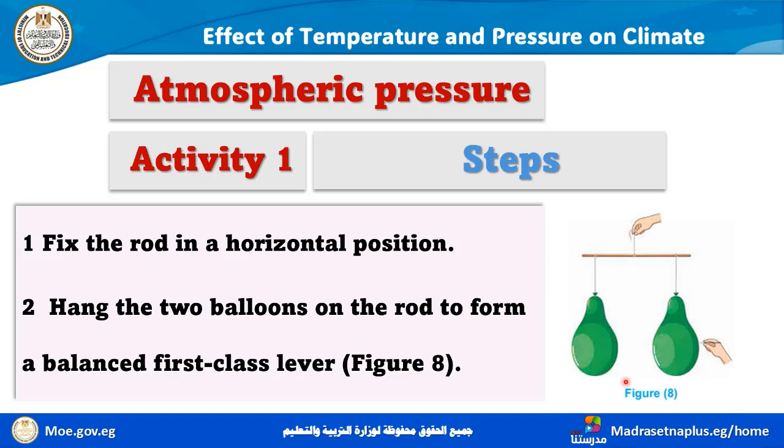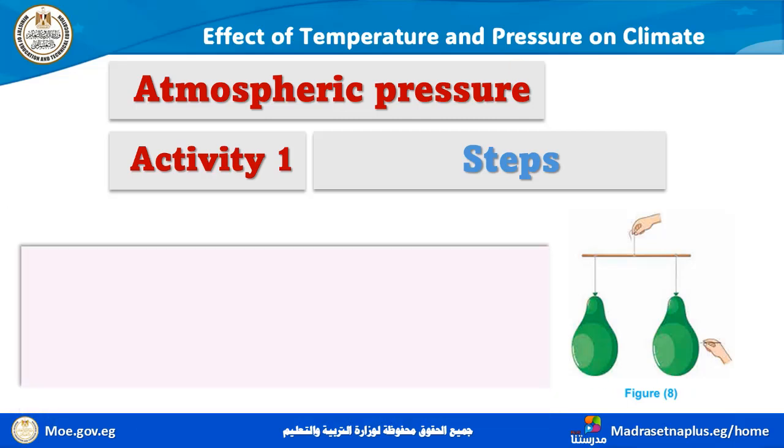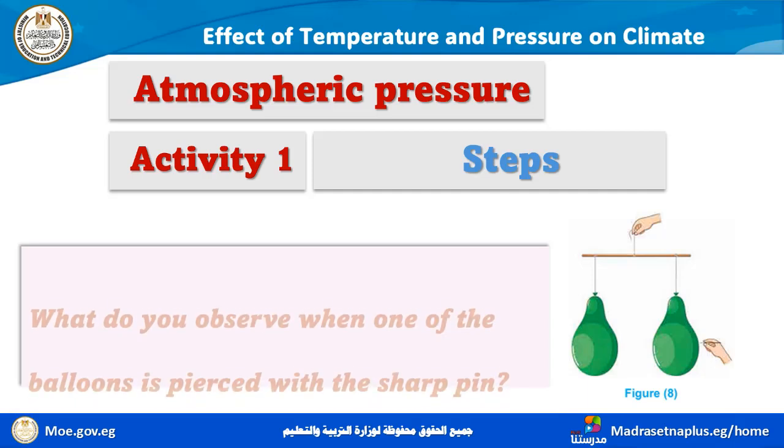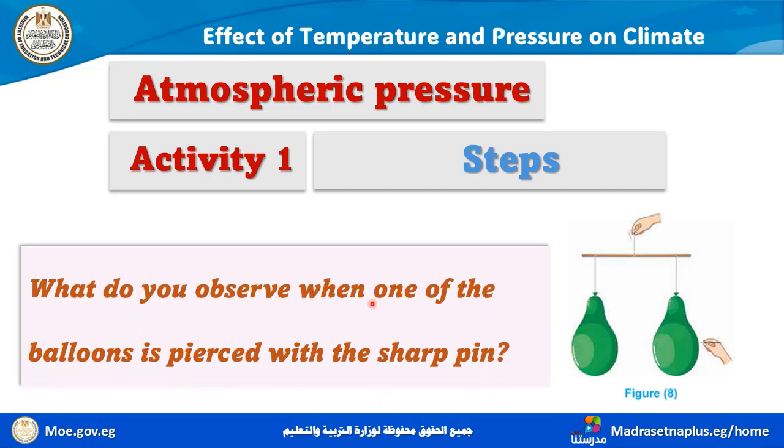So we will have this first class lever in a balanced position like here in our figure. Now, after fixing the 2 balloons in this position, what do you observe when one of the balloons is pierced with the sharp pin? So we will pierce one of the balloons with the sharp pin and observe what will happen in this case.